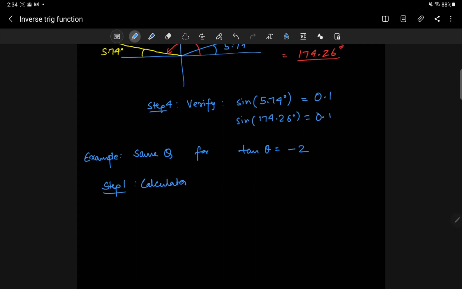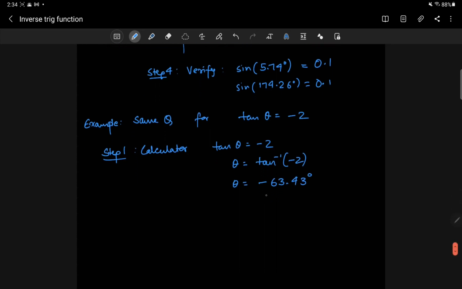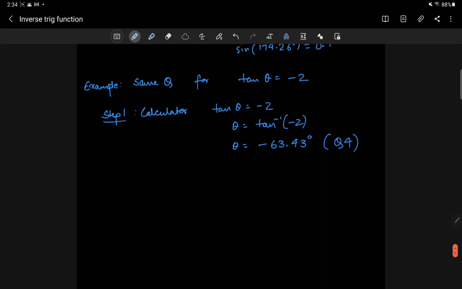So from the calculator, if I have tan theta equals -2, theta is tan inverse of -2, and the calculator should give you something like -63.43 degrees. Now the negative indicating that it's measured clockwise, and therefore this is in quadrant 4.